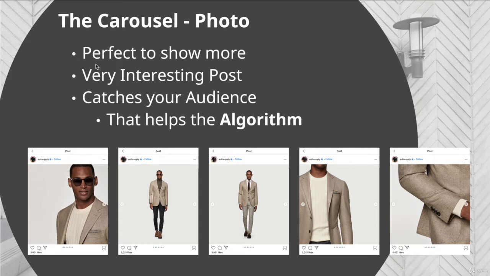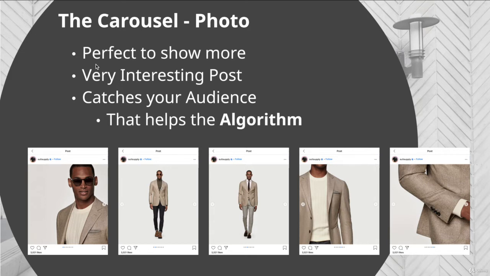And if your audience is checking out your picture for a longer time, the Instagram algorithm in total will push this content even more, because it tells the Instagram algorithm that you have content which is interesting for the audience, and therefore what Instagram actually wants, that people are staying long on the platform.